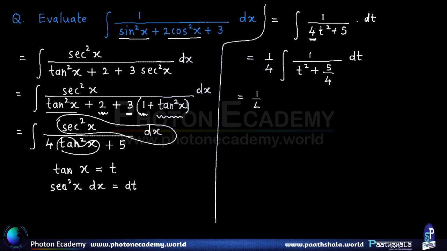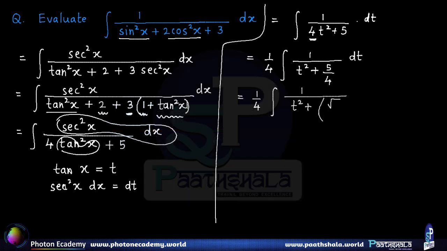So writing that in the correct required format, that is t square plus, now 5 by 4 can be written as root 5 by 2 the whole square, right?